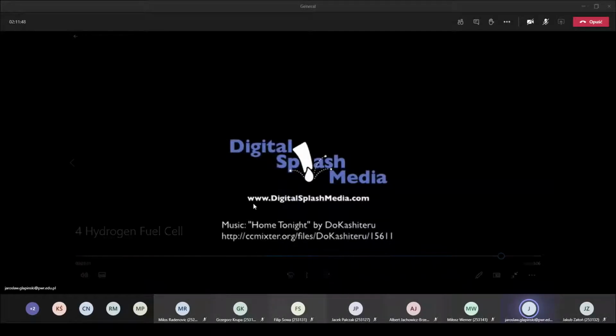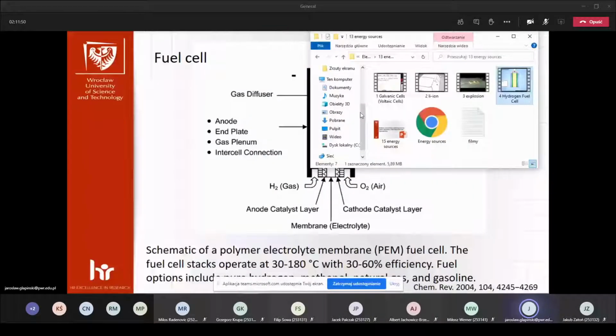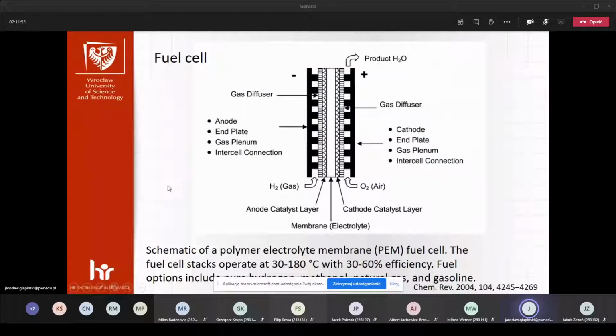So that was how we can extract the energy, extract the electrons from the hydrogen gas.